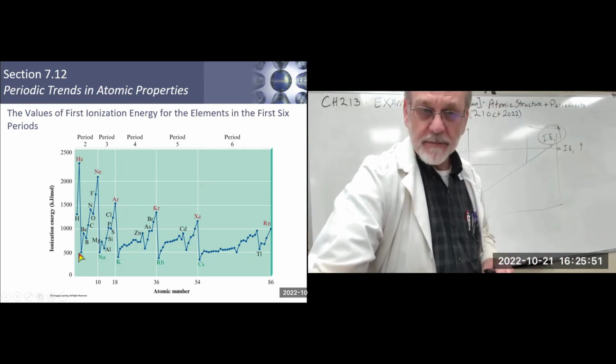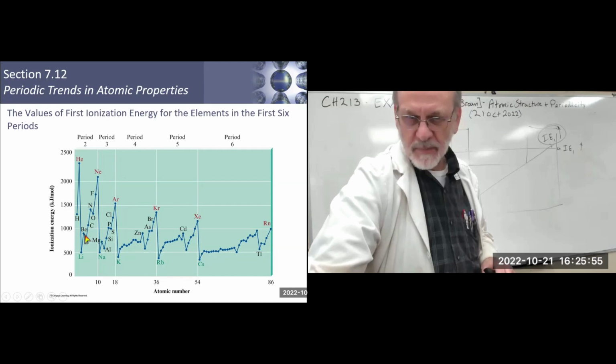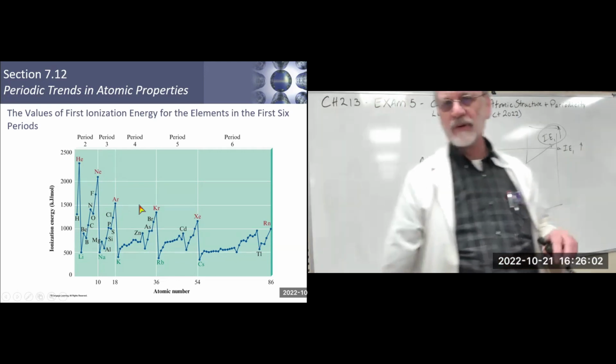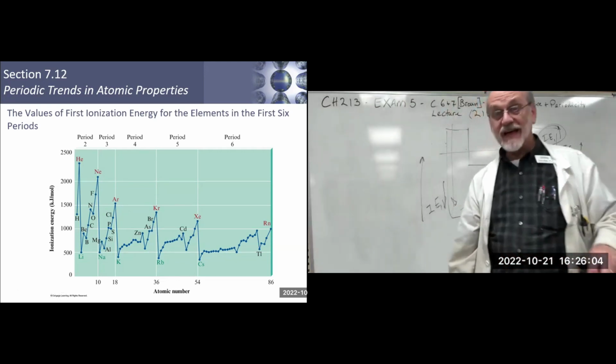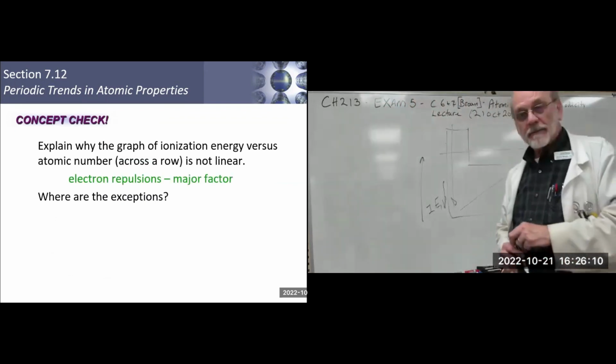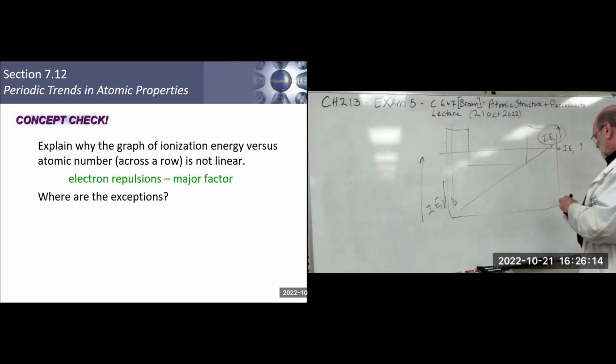Okay, so notice that we get an increase as we go from left to right, yes. But there are some discrepancies here between beryllium and boron and nitrogen and oxygen. You get a dip. So what's with that? Well, it depends on which one you're looking at.